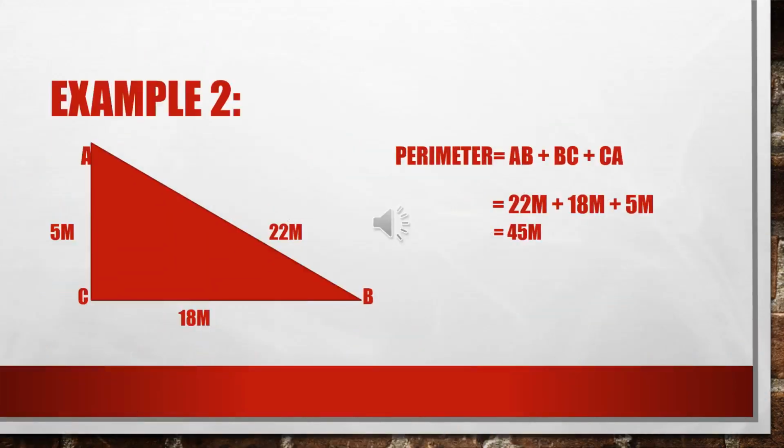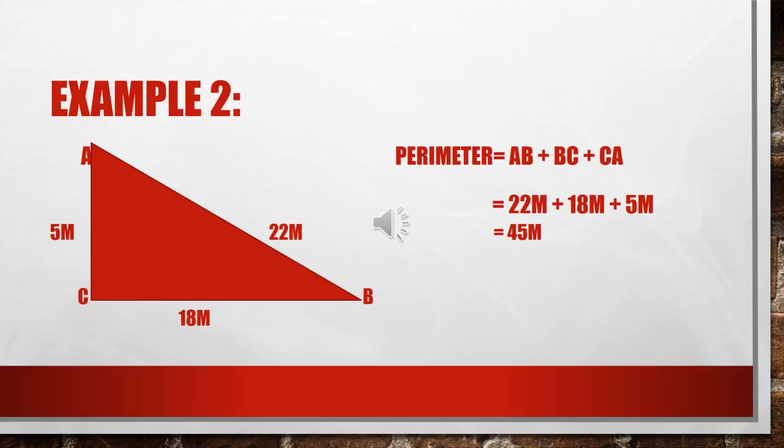Alright, next we look at example 2. Again, we labeled this triangle. And of course, this triangle is not equilateral because all the sides are not equal. We have 5 meters, 22 meters, and 18 meters. Good. So it's not an equilateral triangle. Find out the name by making reference back to the worksheet I showed you initially. Alright, but most importantly, we are focusing our attention on the perimeter of this triangle.